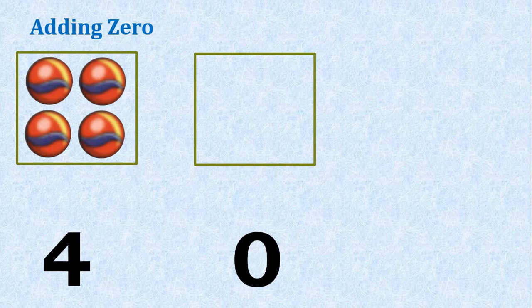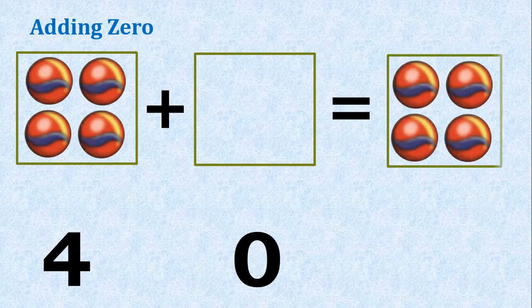And when we put them together, that means 4 marbles and 0 marbles. How many marbles we have in all? So when we add them, 4 marbles and 0 marbles, we get 4 marbles. Because there are no marbles in the second box, so we will be having only 4 marbles.